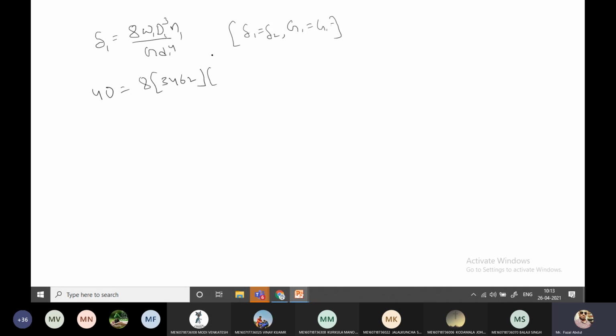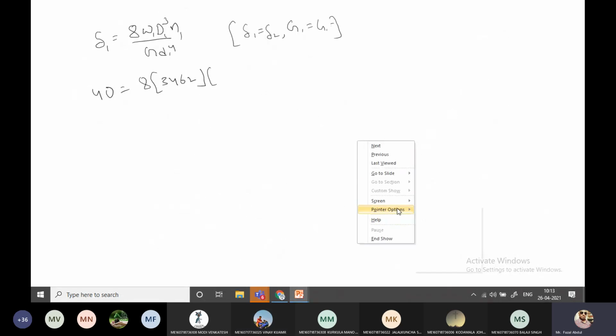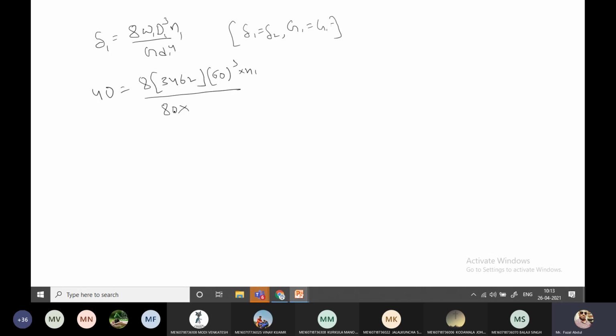And D1, we just got the D1 value, 60. So deflection equals 8 W1 into D1, 60 cube, into N1, which we don't know, divided by G, given in the question as 80 into 10 power 3, and small d to the power 4.